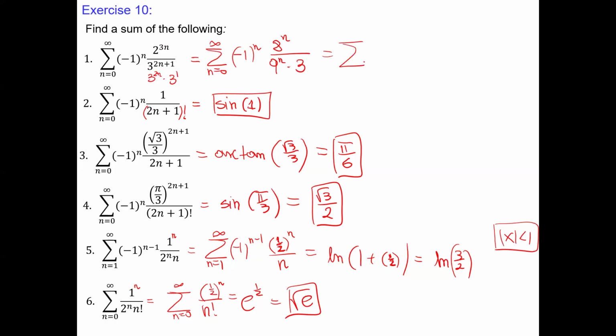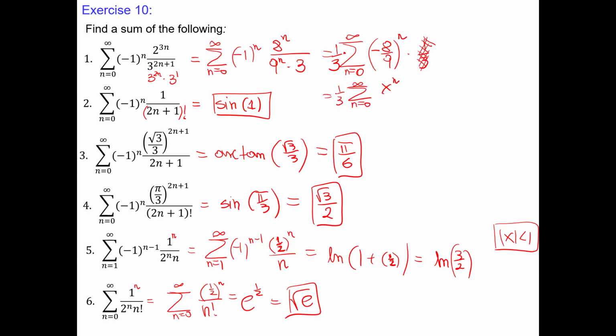And I can combine all of the quantities raised to the power of n, -8 over 9 to the power of n, and then 1/3. The 1/3 can be placed here. We can multiply, but the entire infinite series is just x to the power of n.